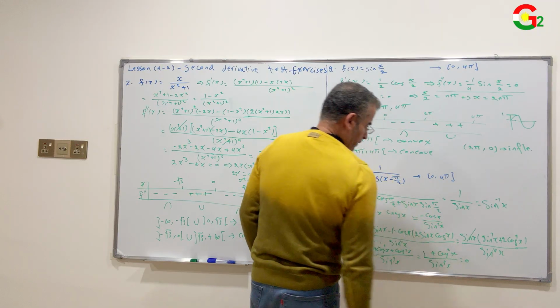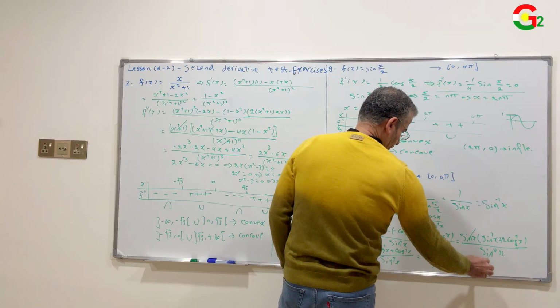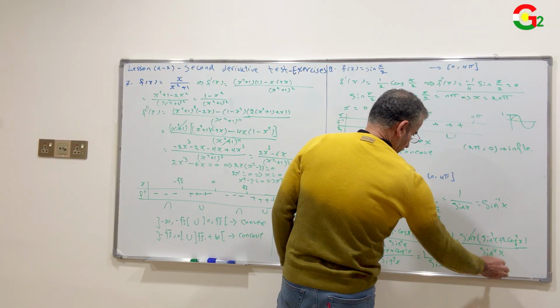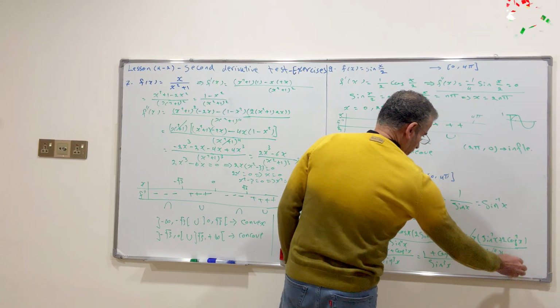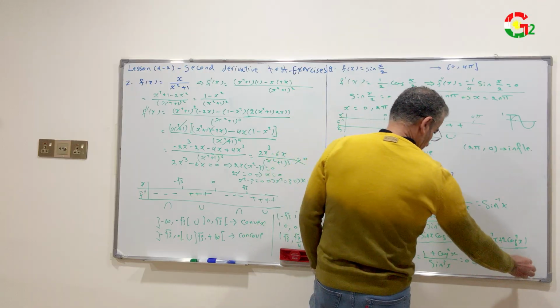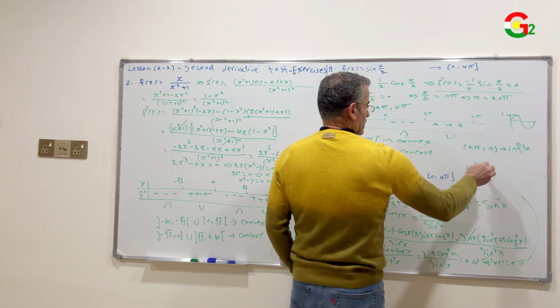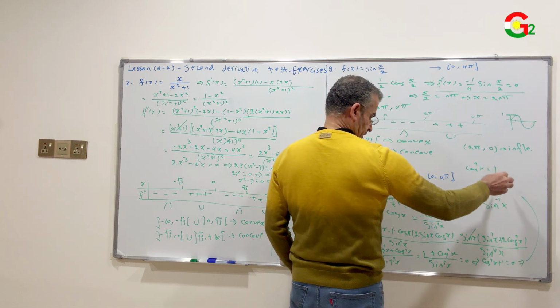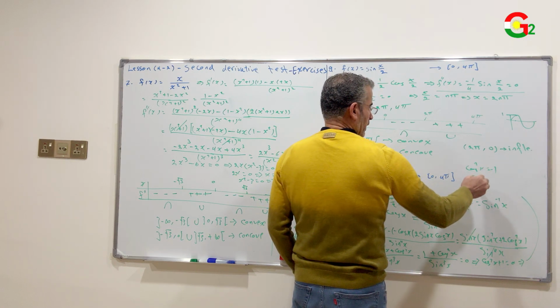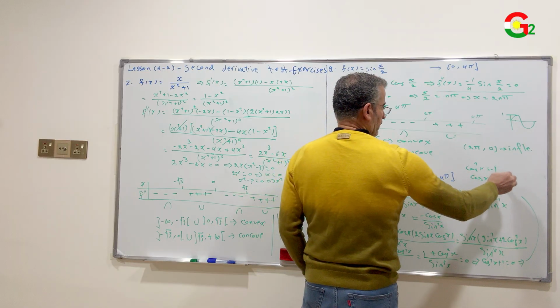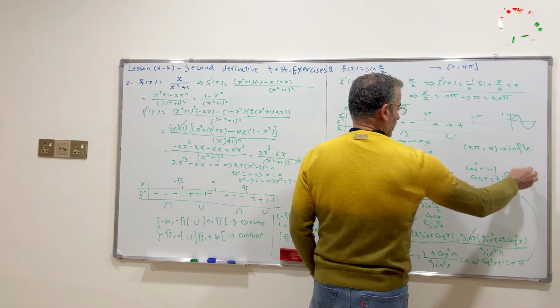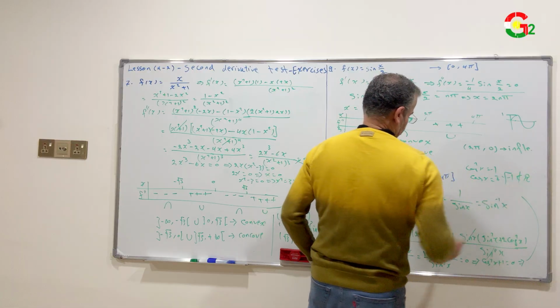Set it equal to 0. Then cosine square x plus 1 equals 0. Then cosine square x equal negative 1. Then cosine x equal plus or minus square root of negative 1, not a real number.